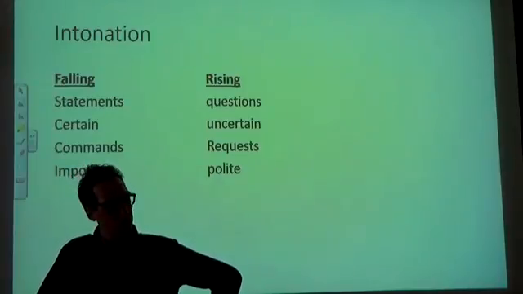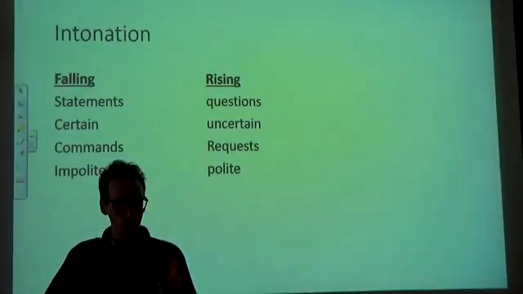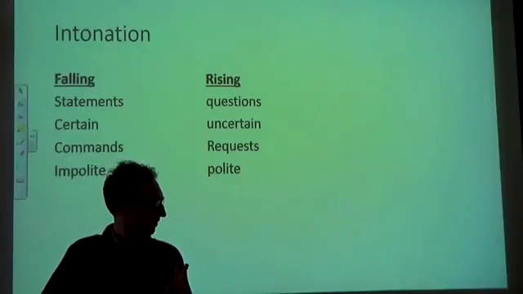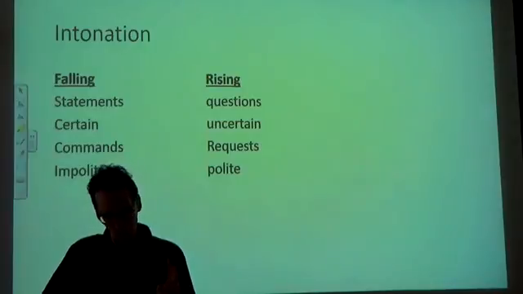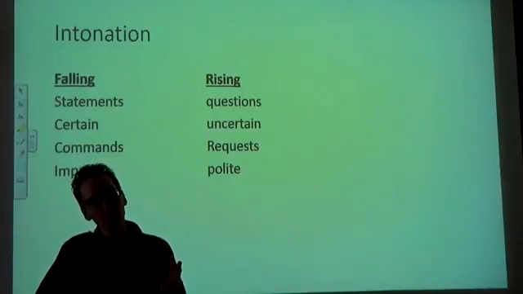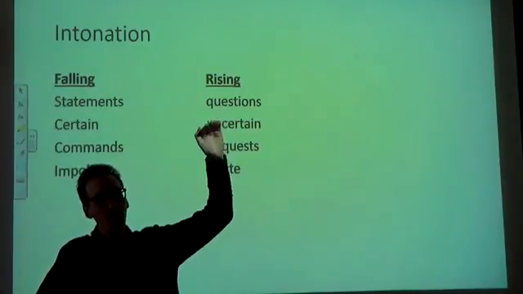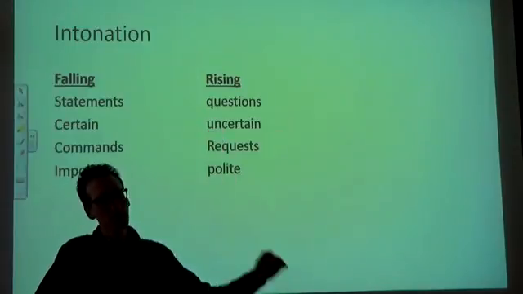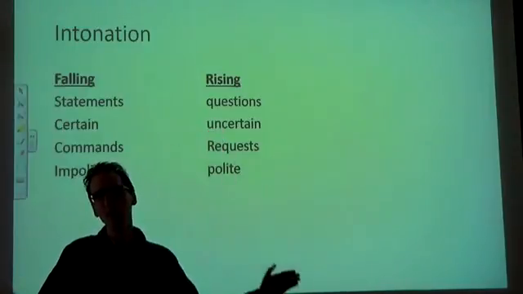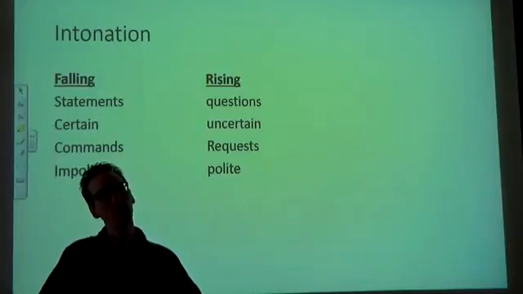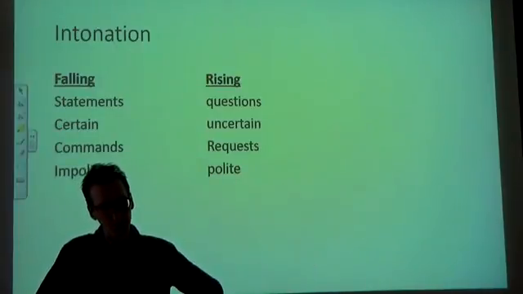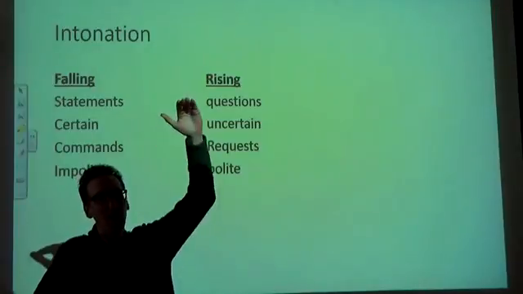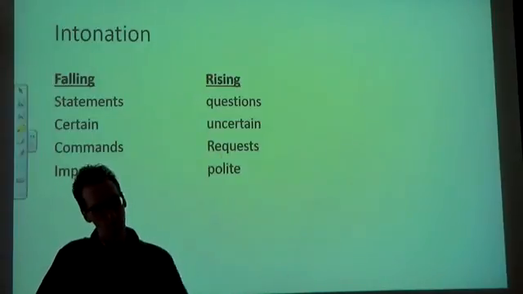Why? For two reasons. And that's something I wasn't going to talk about today. I'm not going to talk about that in detail. We make a distinction between high rises, high falls, or low falls, low rises. Yeah, both fall down, but some from a high position and others from a low position.